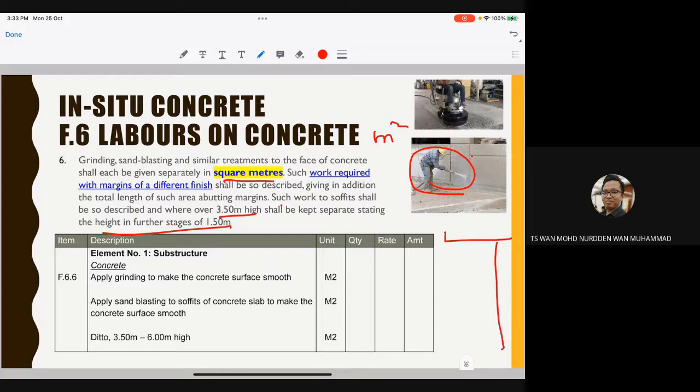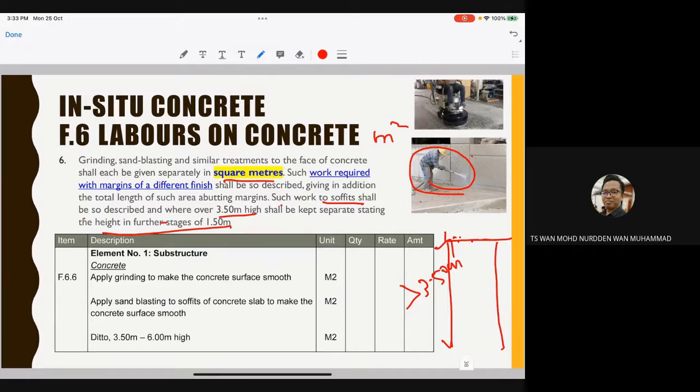Okay. Katakanlah kita nak buat sandblasting ke kawasan ni, ke atas dekat soffit, soffit shall be so described where over 3.5 meter high. Kalau dia dah tinggi dia kat sini lebih daripada 3.5 meter, okay, high shall be kept separately, stating the height of further stages in 1.5.